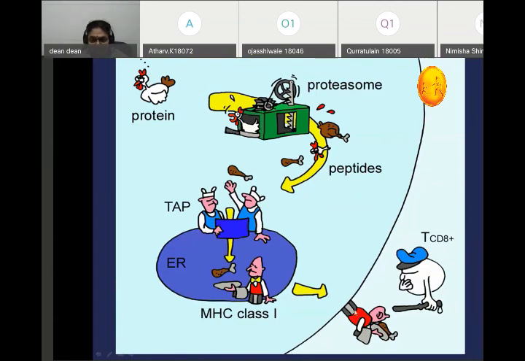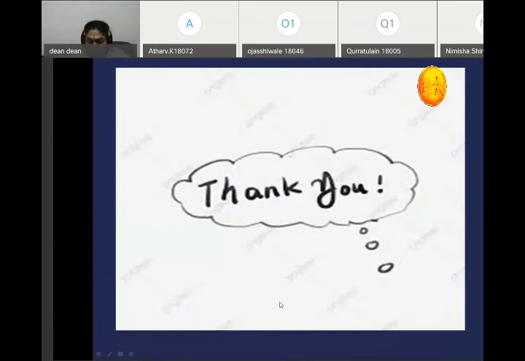If it is presented along with the self-MHC type, then only the CD8 lymphocyte will react to these antigens. So for reaction of CD8 lymphocyte to the antigen, the antigen should be presented along with the MHC class 1 molecule.